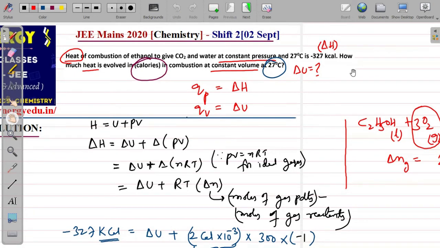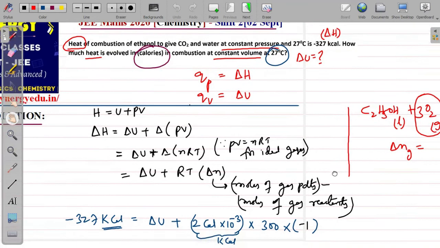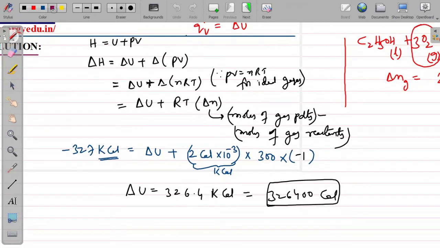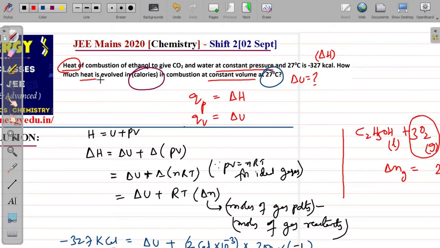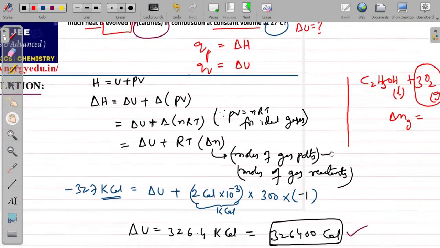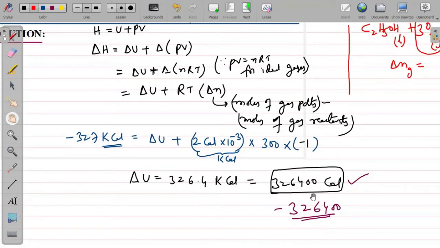And one more thing: in the official answer key released by NTA, the answer is given as minus 326,400 calories. But actually the answer is plus 326,400. Why? Because the question mentions how much heat is evolved. Since they are already asking how much heat is evolved, we should not put a minus sign before it. We should say that 326,400 calories is evolved.